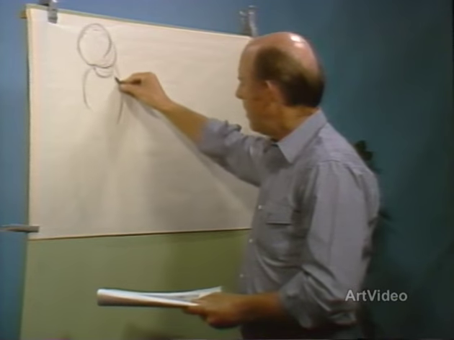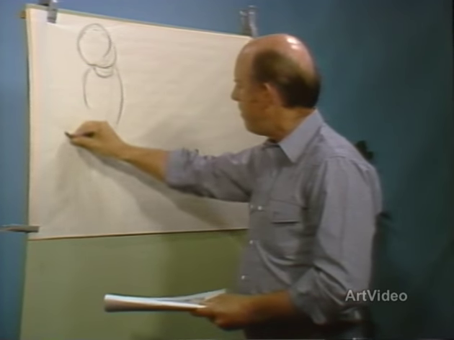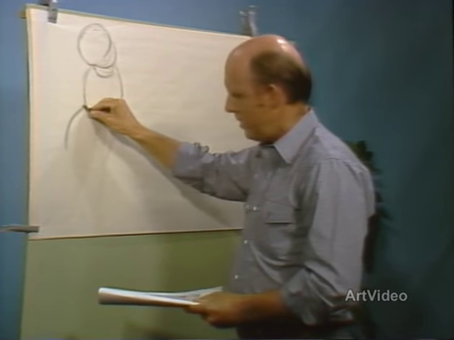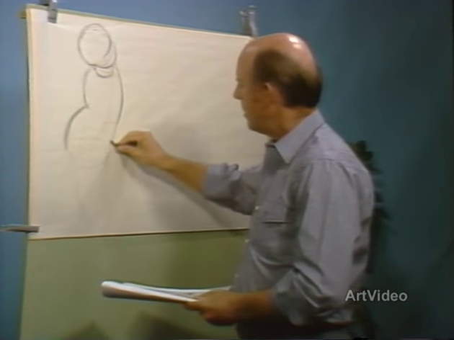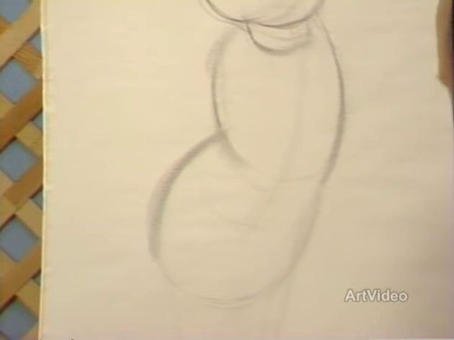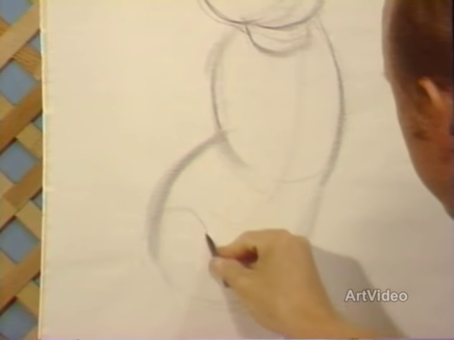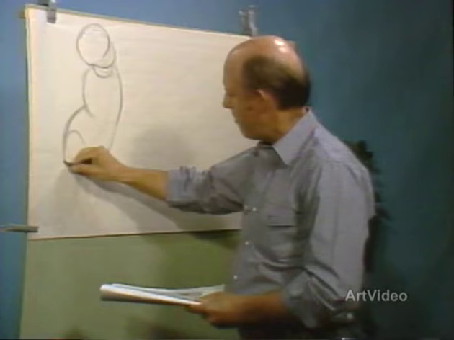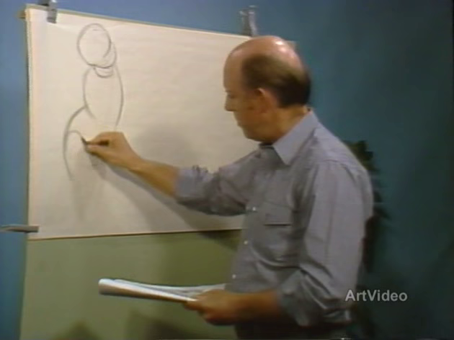Okay, the pelvic area, again, is just another cylindrical type form. And the concern becomes how one thing fits into another. Okay, the legs are these type of round forms.